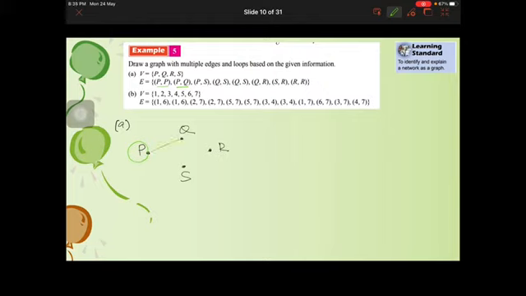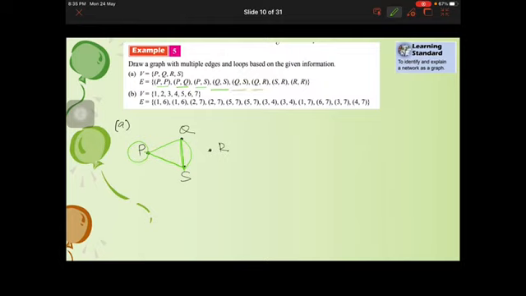And then PS, okay, P to S, Q to S, or S to Q is the same thing. QS, okay, now we have another edge. You can put it like a curve, or you can also draw the straight line. It's okay. Okay, now we have to QS.